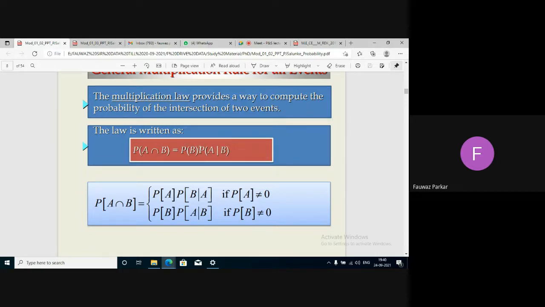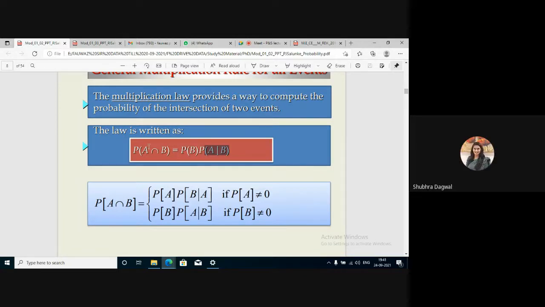If we also know the condition, suppose in the earlier example, the probability of the husband watching the show is given, and the condition that the wife will watch given that the husband is already watching is given, so you can easily find out the probability of both watching together. Are you understanding? Making sense?